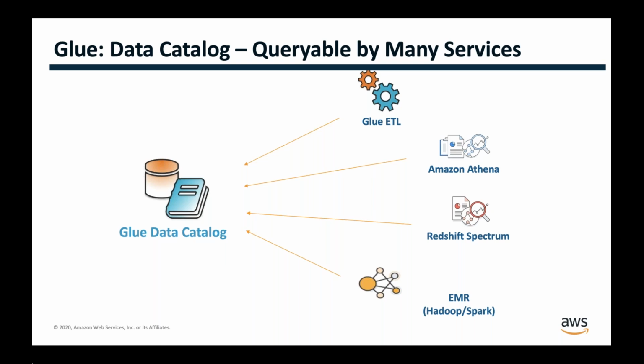Athena is basically a way to issue SQL statements and query data that sits in S3, but using this data catalog. Redshift Spectrum is similar. It's for querying data in S3. And then EMR is more for Hadoop and Spark-based workloads, where you can run these MapReduce jobs against data that sits in that data catalog.